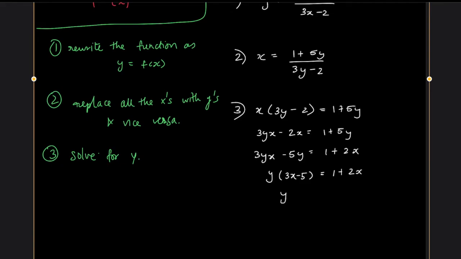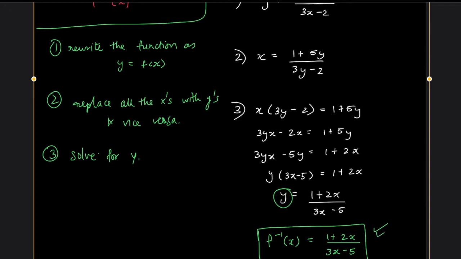So we get y is equal to 1 plus 2x over 3x minus 5. And then what we can do is just change this back to f inverse of x is equal to 1 plus 2x over 3x minus 5. And these are the steps to finding the inverse. It's pretty simple, and they all follow the same pattern.